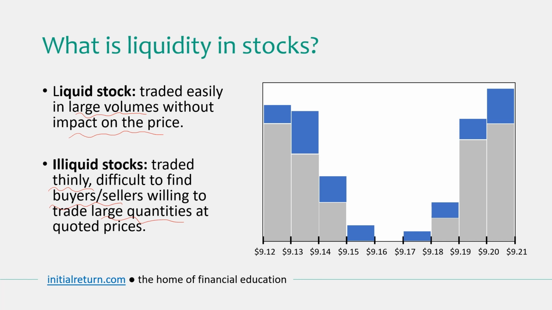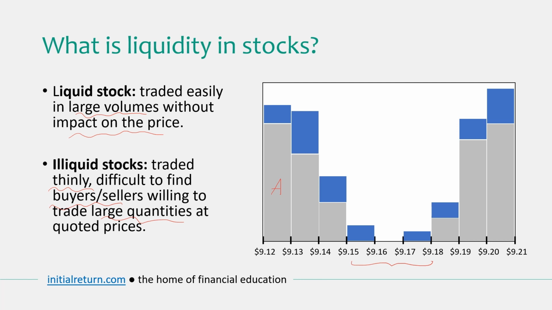Otherwise, let's focus on the gray bars first. Let's assume that gray bars represent our first stock, A. These are the quantities available at different price levels. As you can see, the bid-ask spread for stock A is 9.15 to 9.18, right?